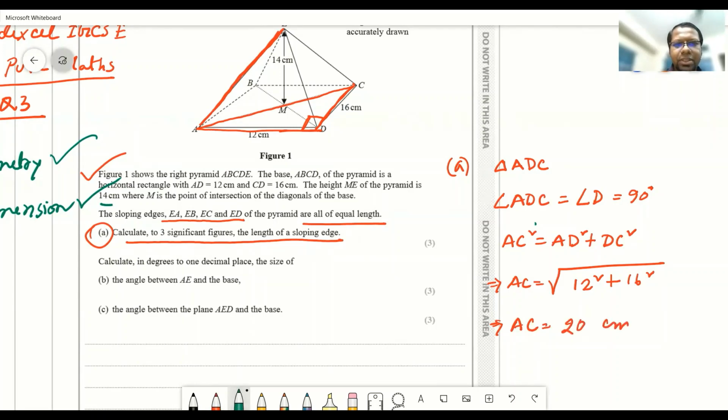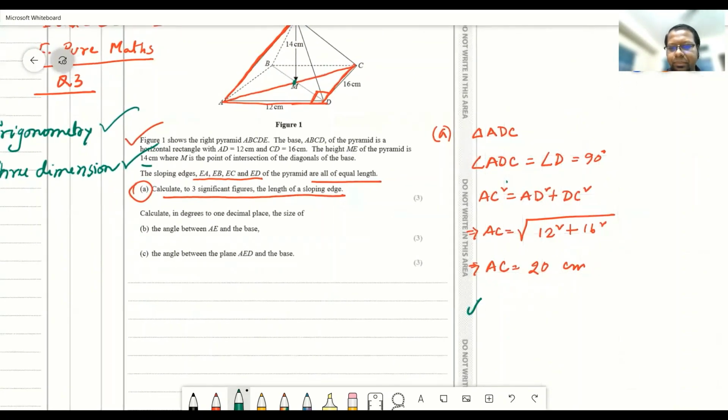Now, M is the midpoint of the diagonal. So AM will be half of 20, 10 centimeters.